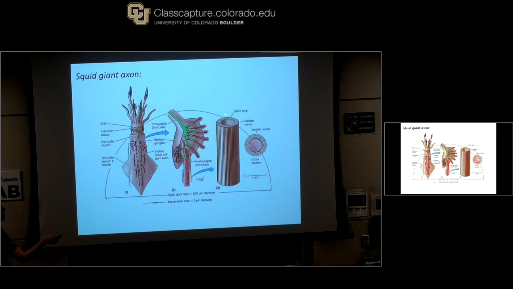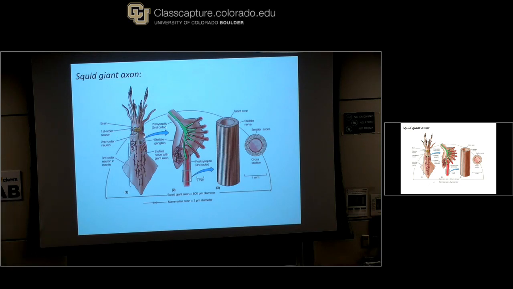So the giant axon is this bundle of lipids. So there's an inside and an outside. And this ganglion controls important sort of expelling water reflexes in the squid. Where is it actually?